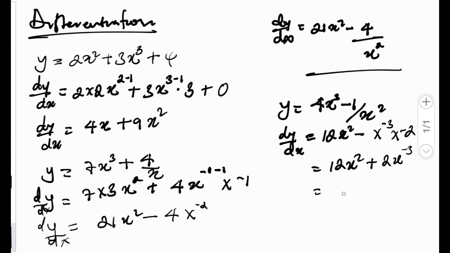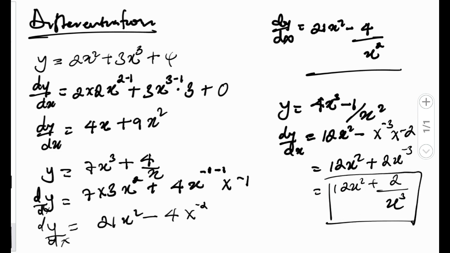So this would be 12x squared plus 2 all over x to the power 3, and this would be your derivative.